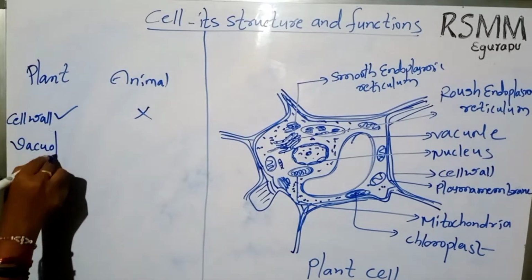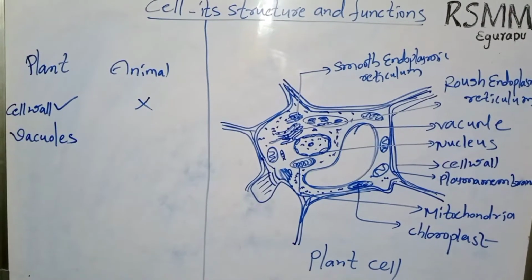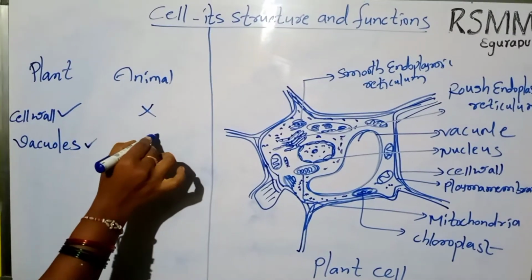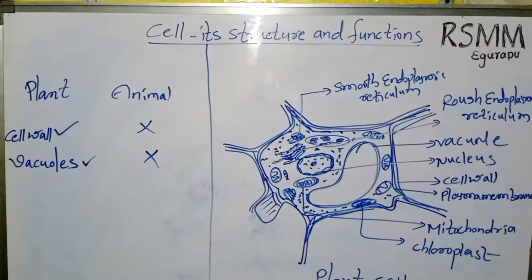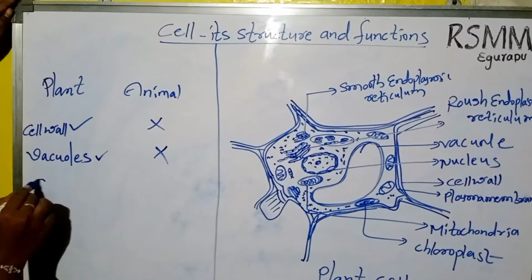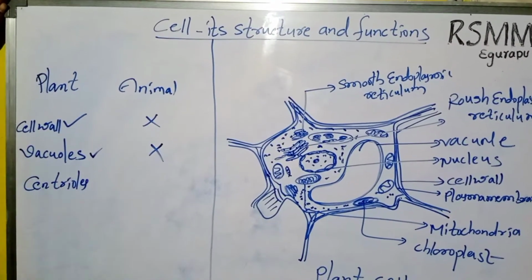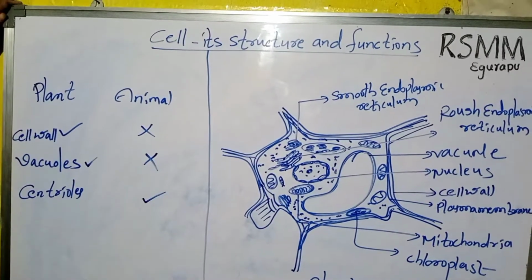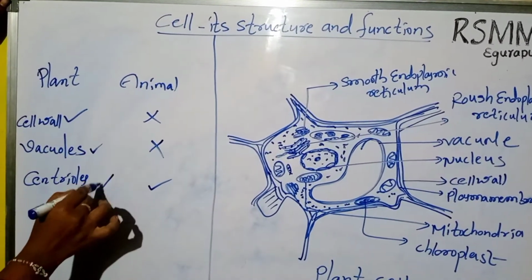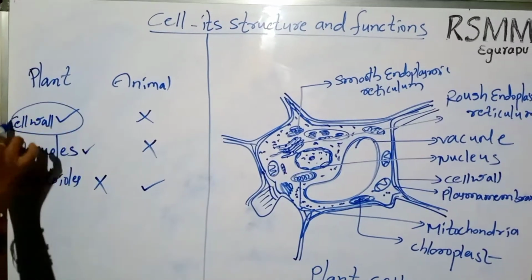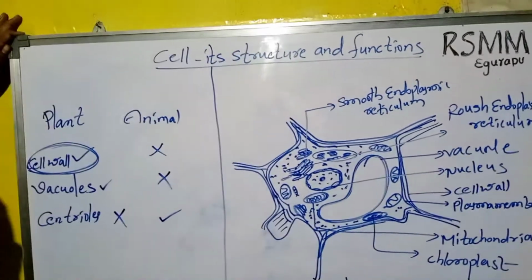Vacuoles present in plant cell and absent in animal cell. Centrioles present in plant cell and absent in animal cell. The major difference between plant cell and animal cell is the cell wall.